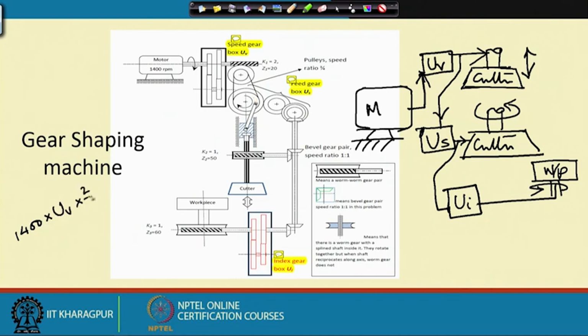So, K by Z 2 by 20 multiplied by pulley speed ratio 3 by 4. This one itself, one rotation here, one reciprocation here, this itself should be the number of strokes per minute, 98 strokes per minute, and from here UV can be solved. Okay. I leave this to you. Most probably this will come out to be 14 by 15.